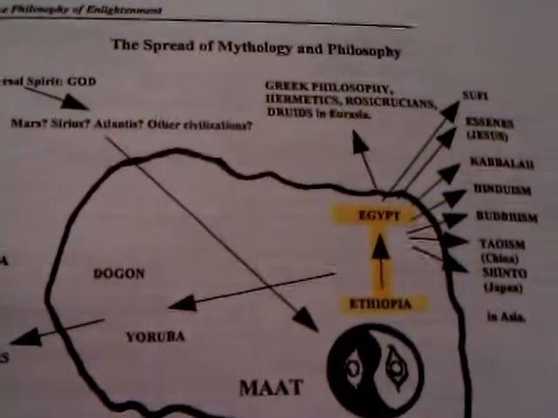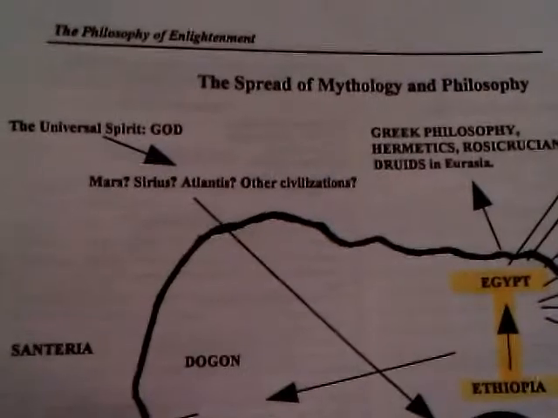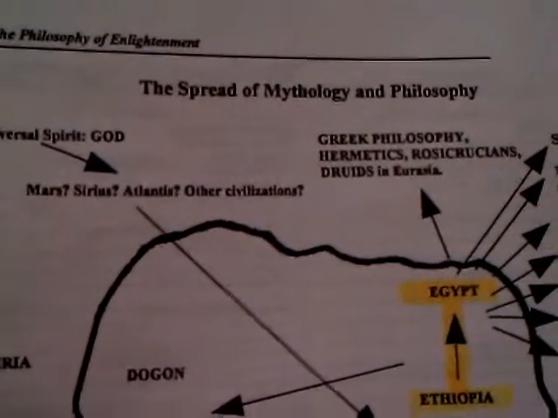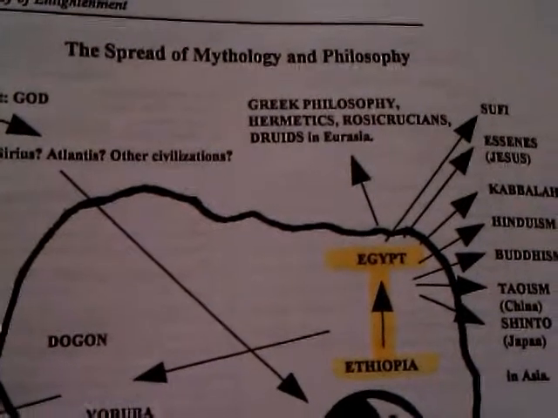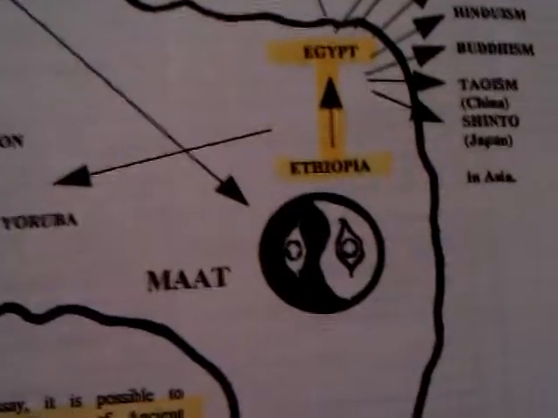Now, he says that on this particular page, and this is the Philosophy of Enlightenment, Egyptian Yoga. This is the spread of mythology and philosophy. So let's first go to the root.